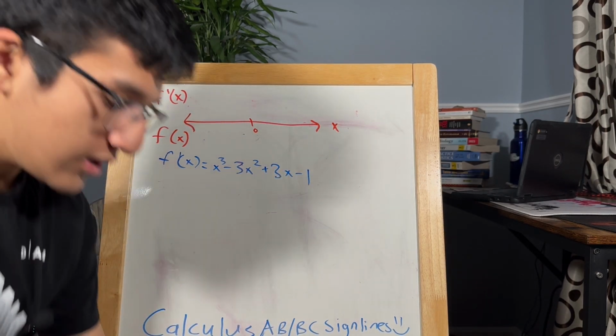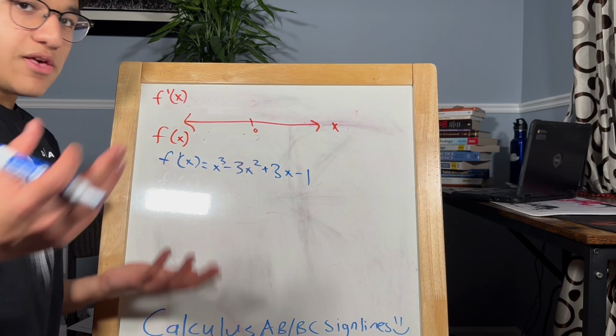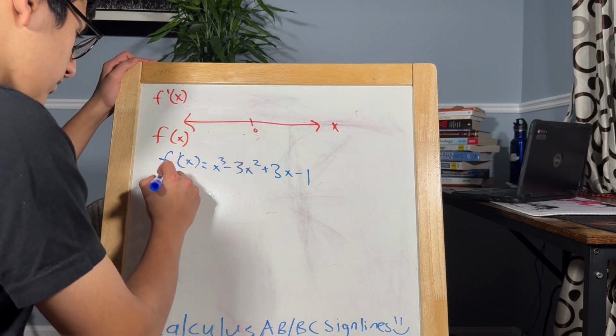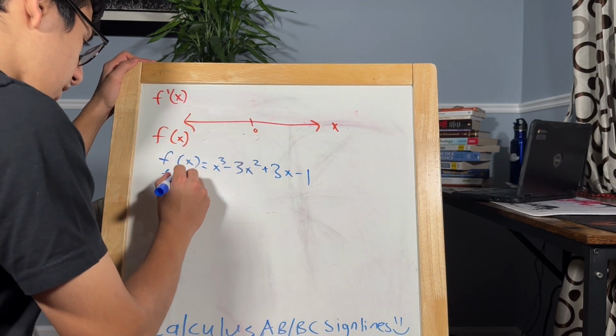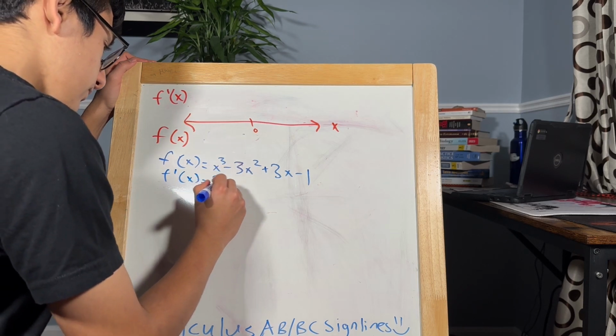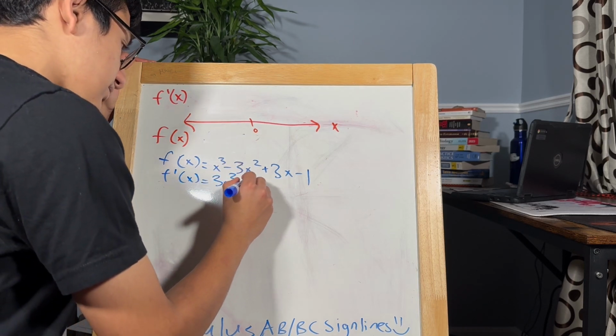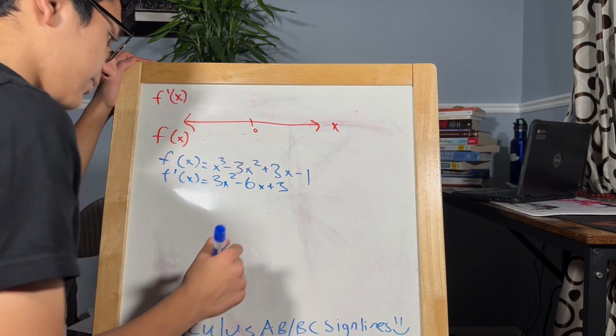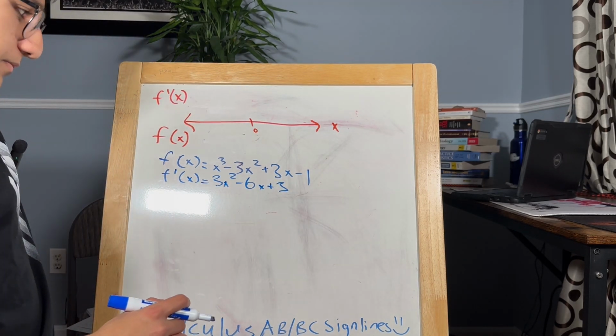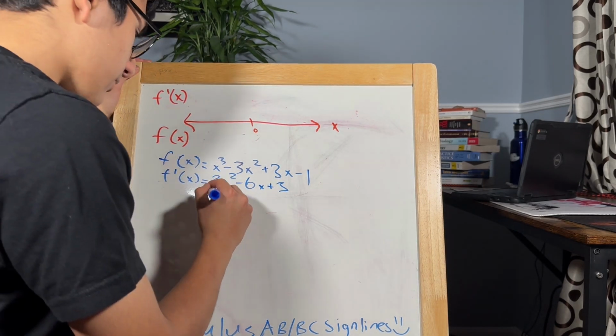Now you can pause and take the derivative if you want some practice. If you don't, I'm just going to write it real quick. This f prime of x is 3x squared minus 6x plus 3, right? And we can factor this out, right?